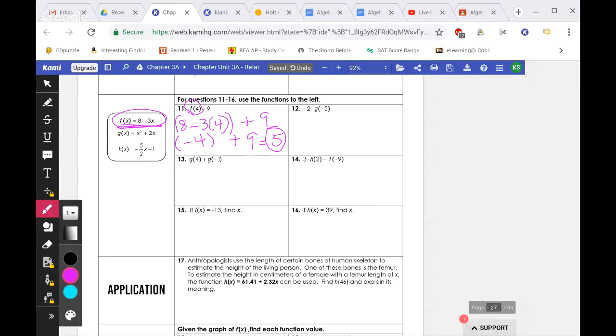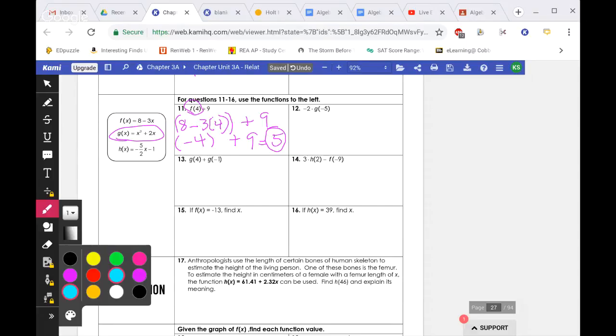Okay, let's take a look at number 12. It's asking us, what is the value of g of x at negative 5? And once you find that value, multiply it by negative 2. So negative 2 times, and I'm going to do a big parentheses here, negative 5 squared plus 2 times negative 5.